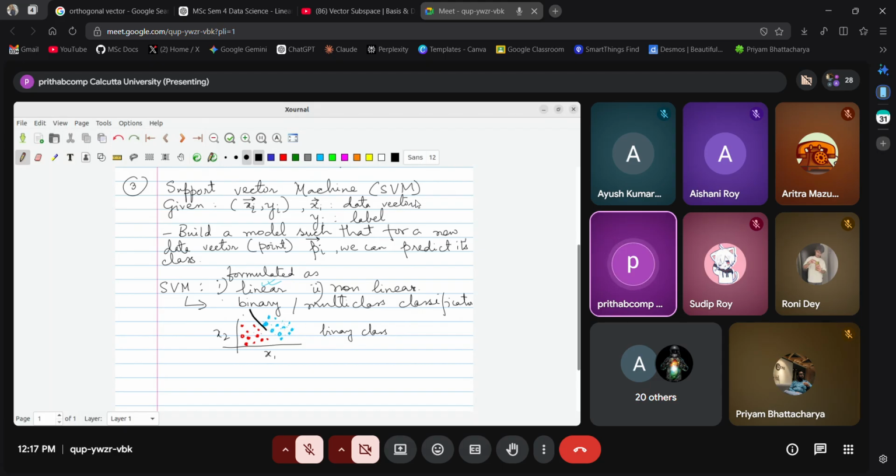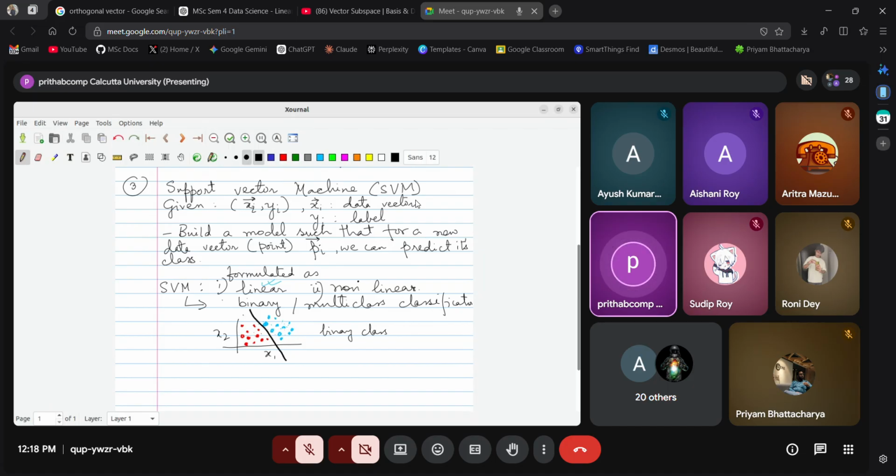This data set is separable, so it is possible to draw a line to separate the data sets into two classes when it is a binary classification problem.